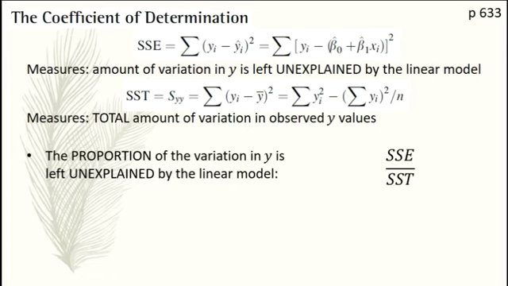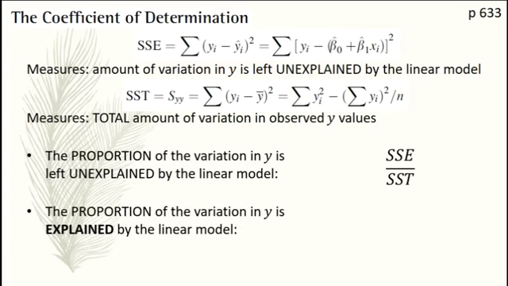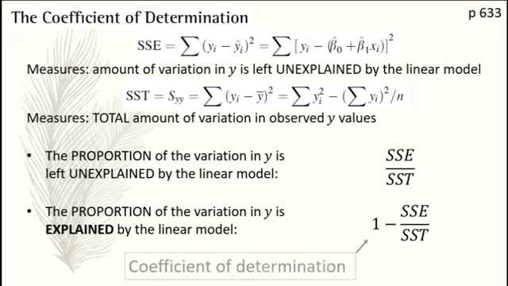And if you think of the opposite, or the complement, in other words, the proportion of the variation in y that is explained by the linear model, then you'd simply say 1 minus SSE over SST. And this value here, 1 minus SSE over SST, is what is called the coefficient of determination.